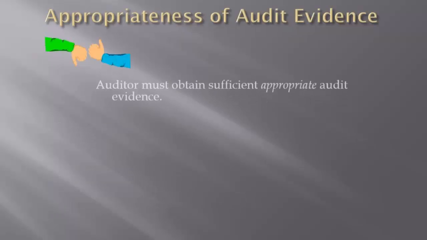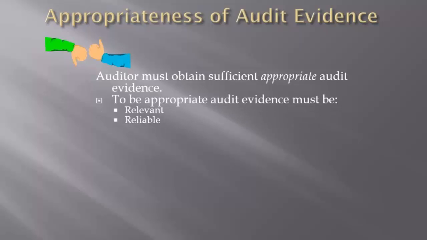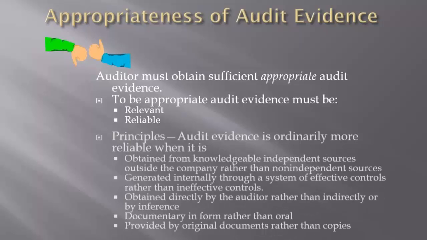Now, we want to consider appropriateness. We have a couple of issues related to this. Sufficiency is, are we actually looking at enough evidence? And then what we want to consider is, is the evidence relevant to the management assertion, and is the evidence reliable?